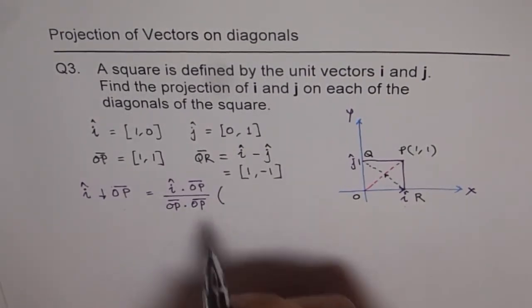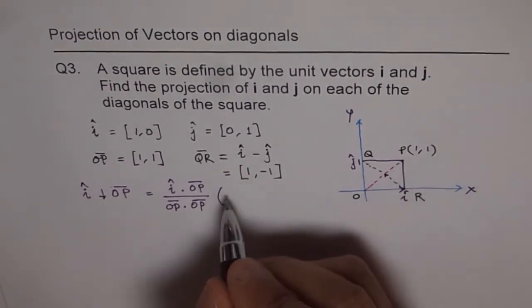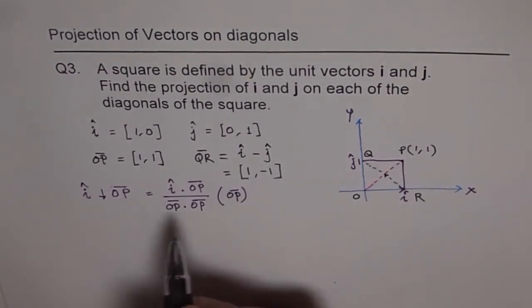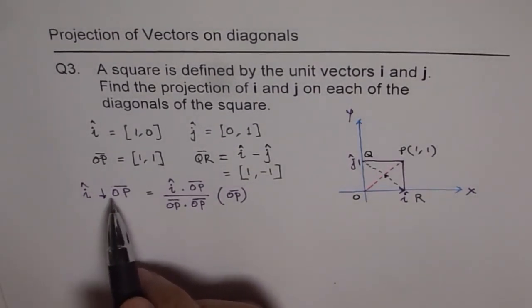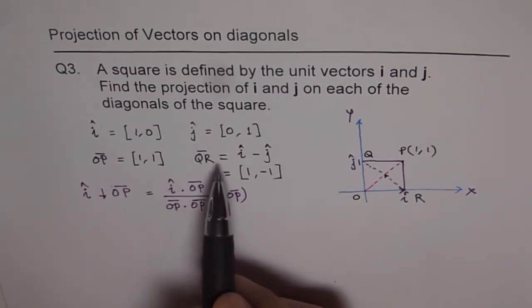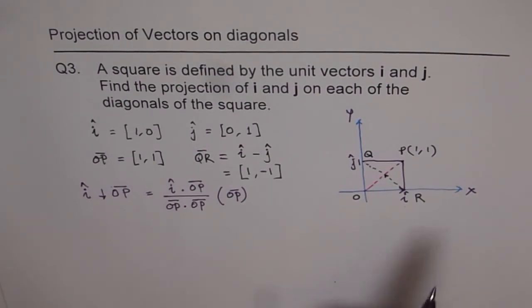Times scalar multiple, and since it is the projection on OP, it has to take the unit vector direction in OP, right? This direction. That is what it is, correct? So that will give you the answer for i projection on OP, right? Now, similarly, you can find i projection on QR by replacing this and check what answer you get, right? And do the same for j and figure out what answers you're getting and explain your answer. How are they related? Okay, that's kind of interesting. So I'd like you to do this question and understand what's going on. Thank you.